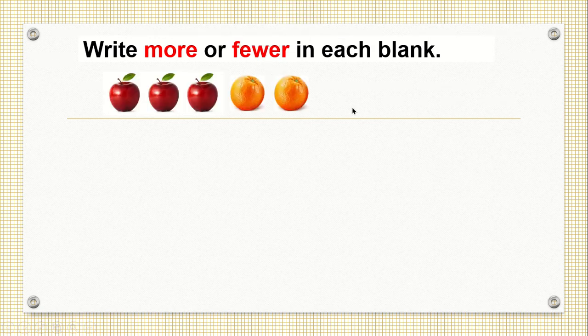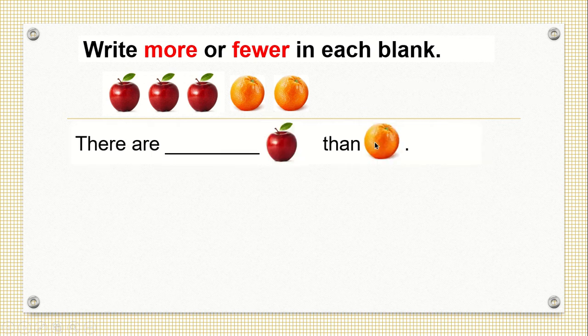Now, we have got 3 apples and 2 oranges. Okay? Now, what do you think? Oranges are more or fewer? Apples are more or fewer? We see that apples are more.